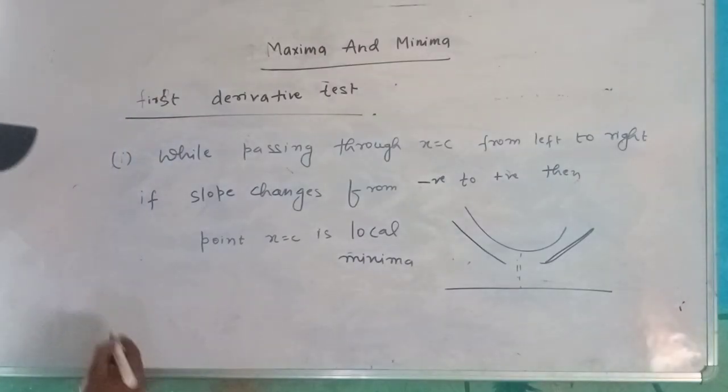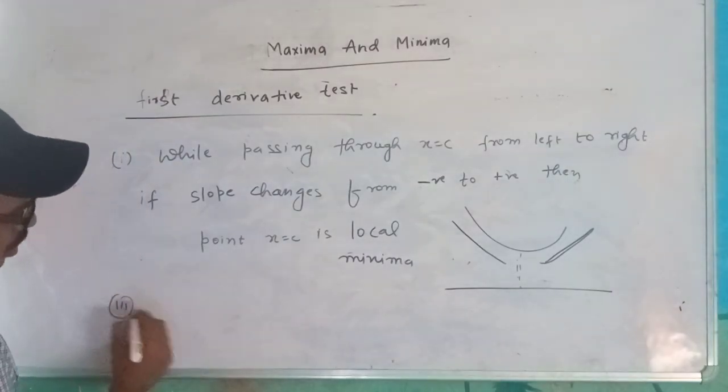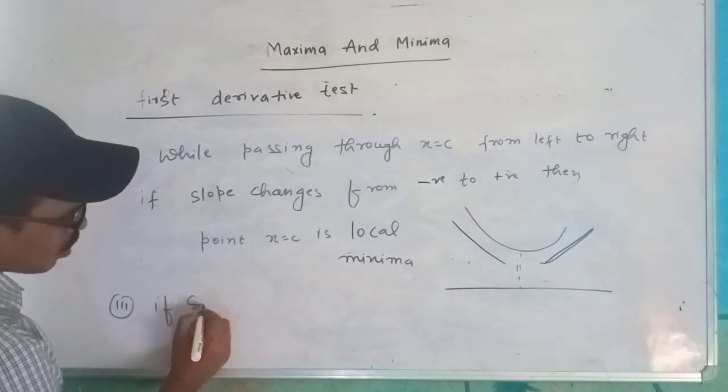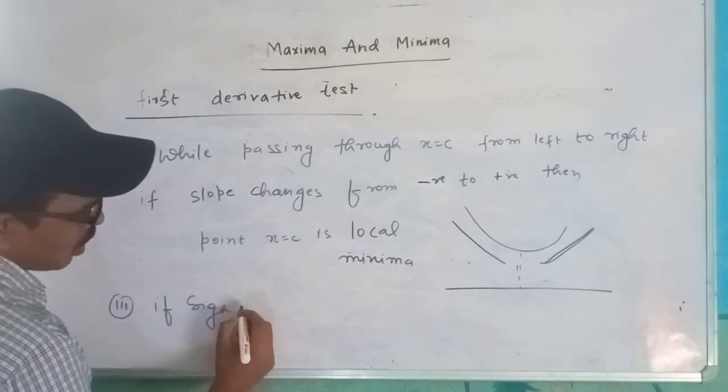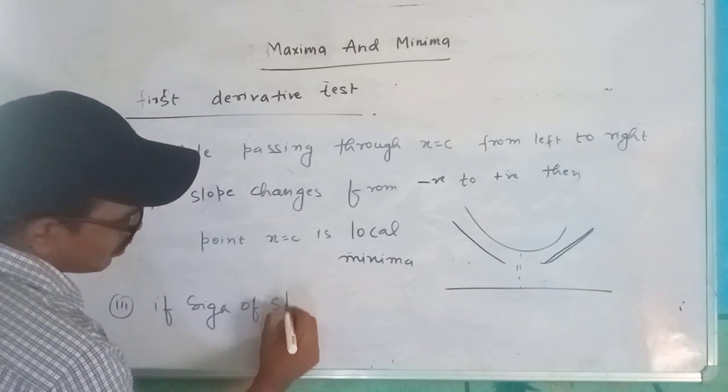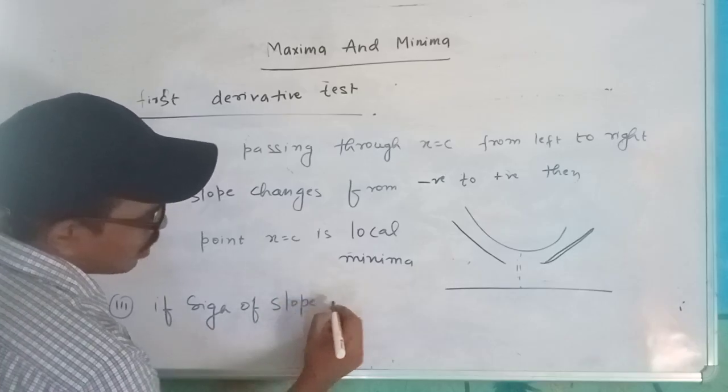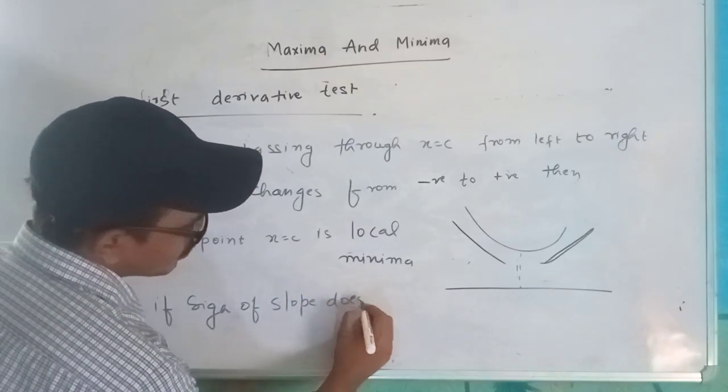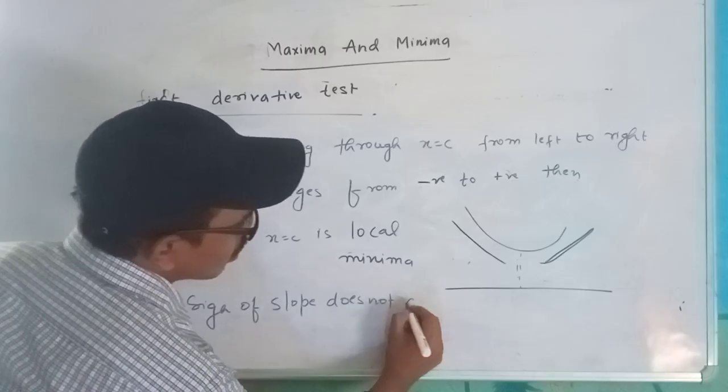Now, the third point of this is if the sign of slope does not change.